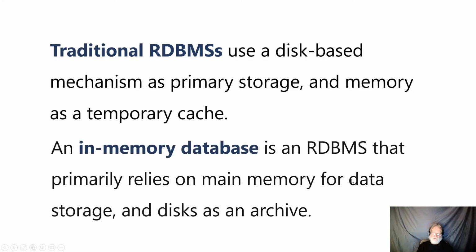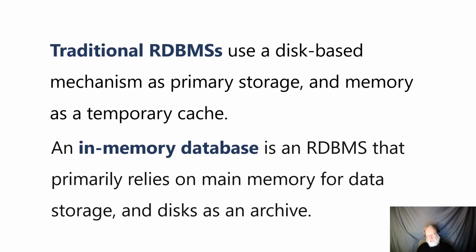An in-memory database, in contrast, is an RDBMS that primarily relies on main memory for data storage. So the primary copy of your data is that copy that is in memory. And then it uses disks for an archive. An archive is just a low priority. It's not kept within the context of transactional updates, mostly used to rehydrate the memory when the database first starts up, because the data has to get into the memory somehow.